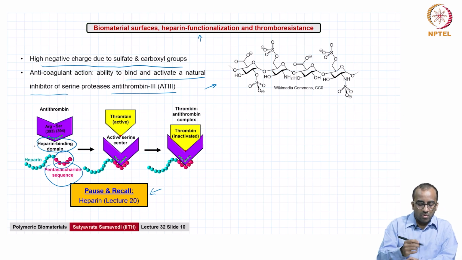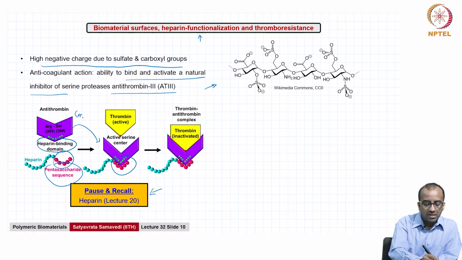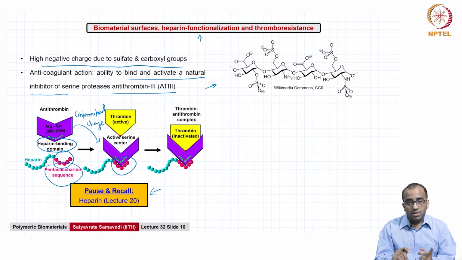Now, once the heparin pentasaccharide sequence binds to the antithrombin, that leads to a conformational change in the antithrombin. Note that without this conformational change, thrombin will not bind to antithrombin.